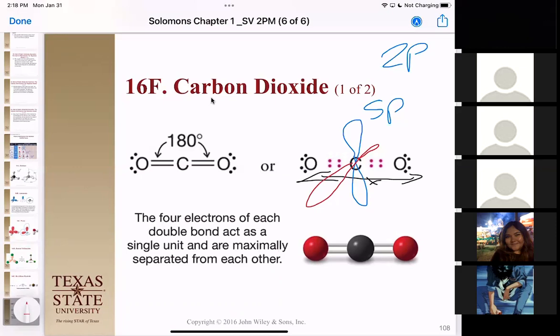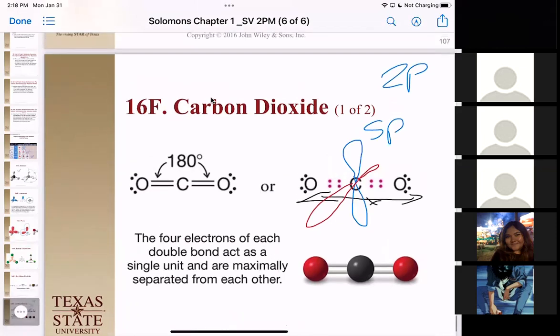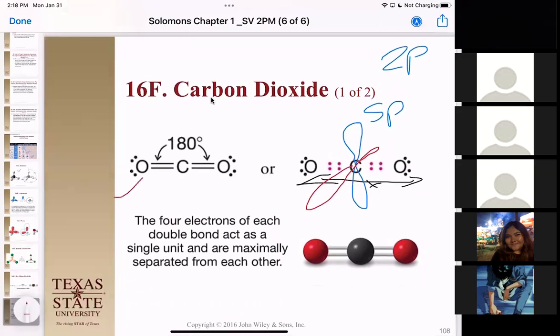Let's look at the oxygen. Okay, let's draw this lone pair out here and this lone pair out here. What molecular shape does that oxygen have around it? Trigonal planar, right? We have 2 lone pairs and a sigma bond, which makes it trigonal planar.